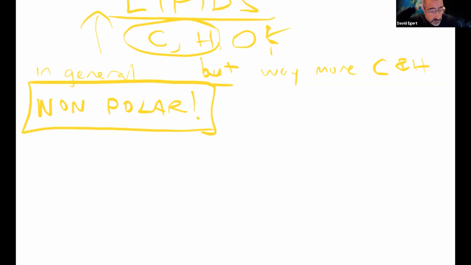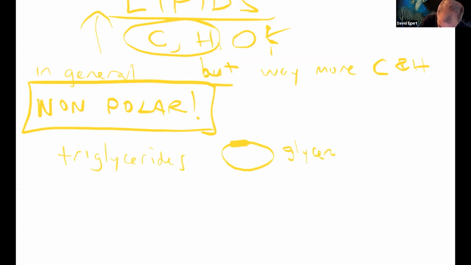So non-polar, let's talk about some of the basic kinds of lipids that we're going to see in the class. One of the main things are the triglycerides. A triglyceride is made from a glycerol, which is basically alcohol, and then 3 fatty acids hanging off the bottom.